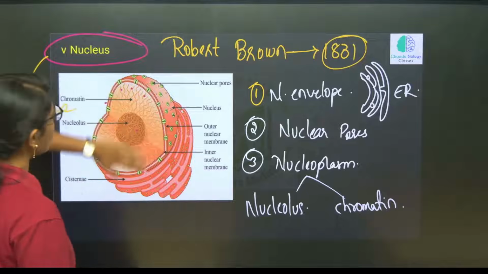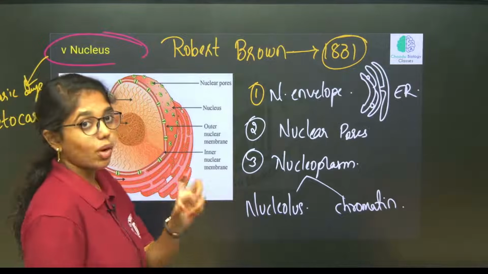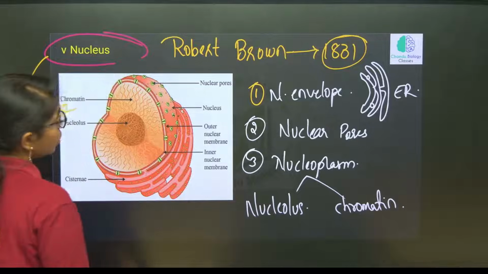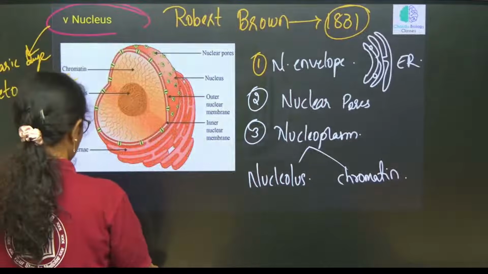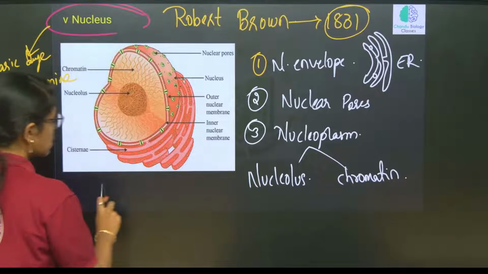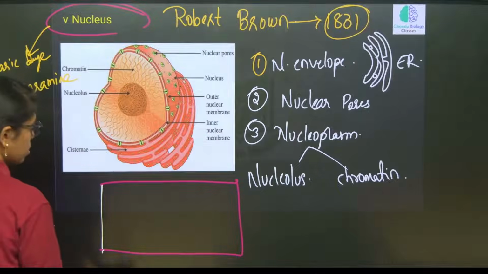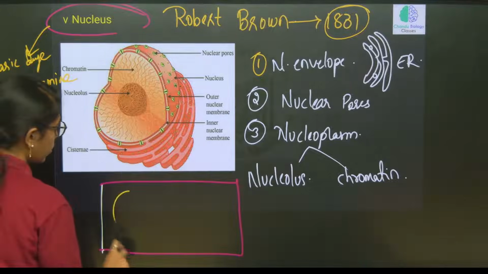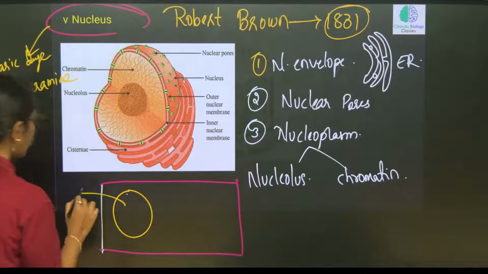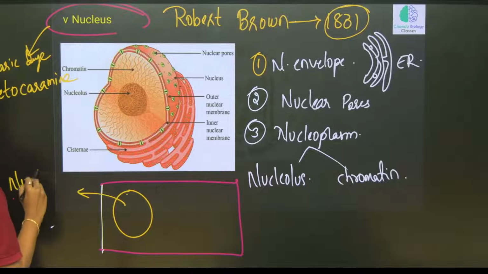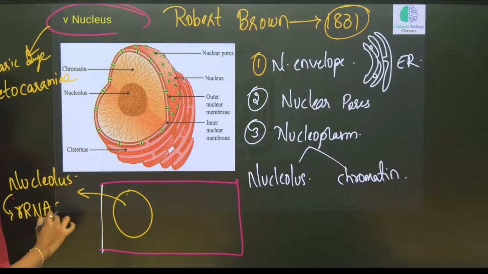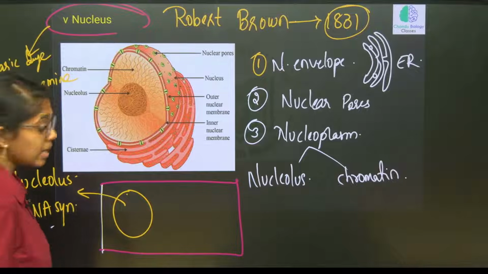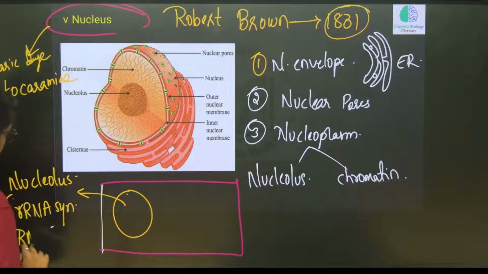Now you have to clearly know what synthesis happens inside the nucleus. Inside the nucleus, here is a nucleolus. Inside the nucleolus, rRNA synthesis will happen. Ribosomal RNA is synthesized by RNA polymerase 1.